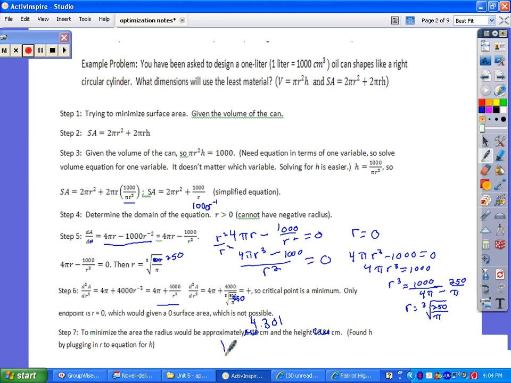So I'm going to say h is equal to 1,000 divided by pi times 4.301 squared. And remember, you need to store the 4.301 in your calculator to get the exact value because it has to be accurate to 4 decimal places for you to get credit on the AP exam. So if I get that, I get the height to be 17.205 centimeters. And so these are the dimensions that give me the least material, that minimizes the surface area.